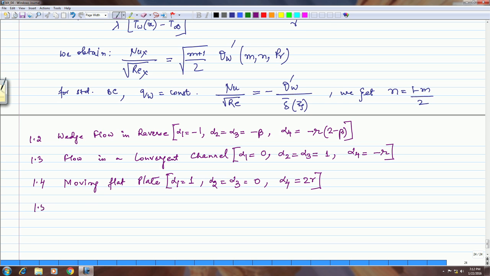And then again, wall jet. Alpha 1 is 1, alpha 2 is 0, alpha 3 is minus 2, alpha 4 is 4 times n.